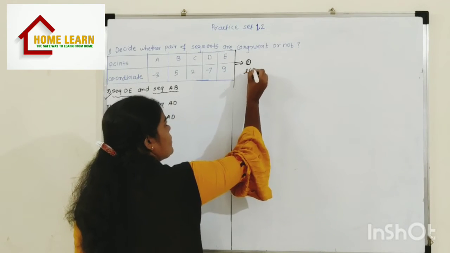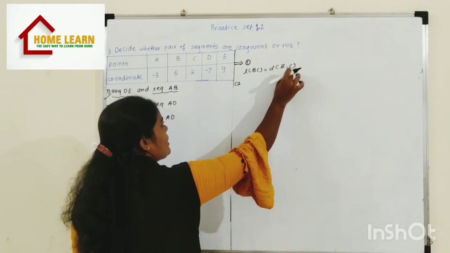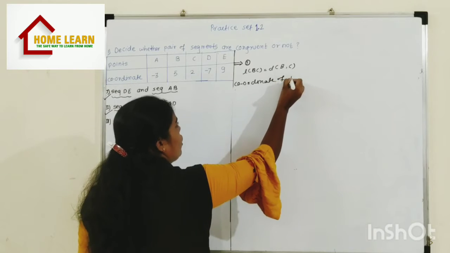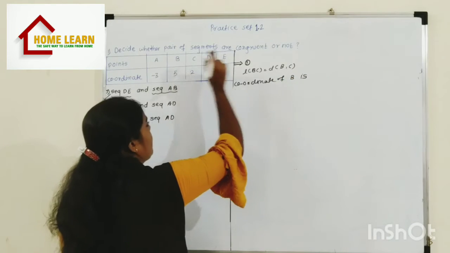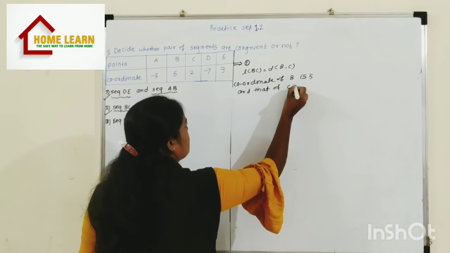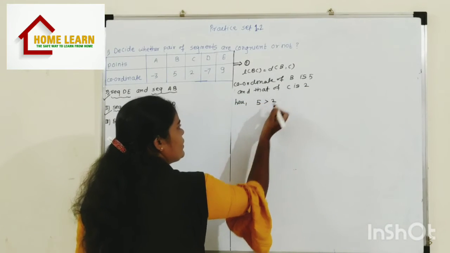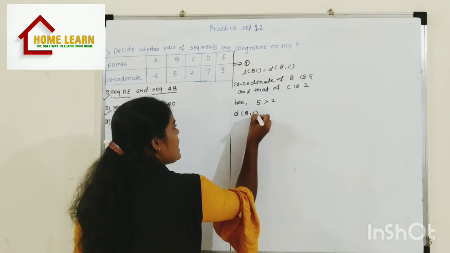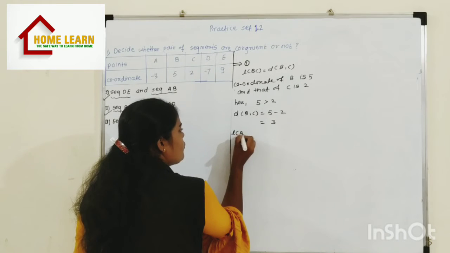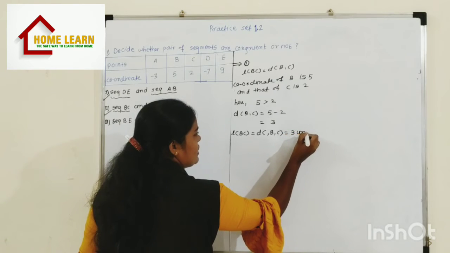We know that the length of segment BC is the distance between point B and C. So write here the coordinate for B and the coordinate for C, and we know that the coordinate of point B is 5 and that of C is... here the length of segment BC is equal to the distance between points B and C, which is equal to 3 units.